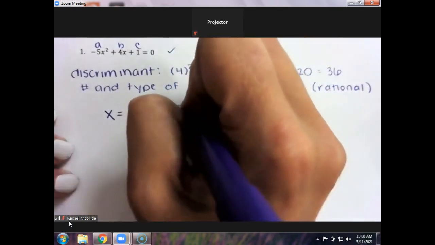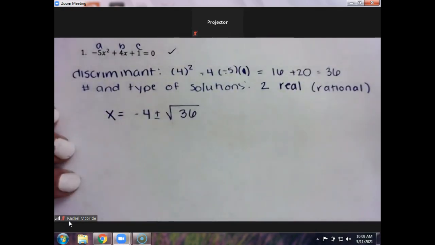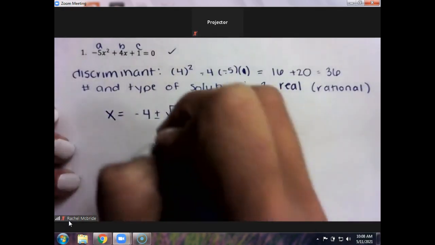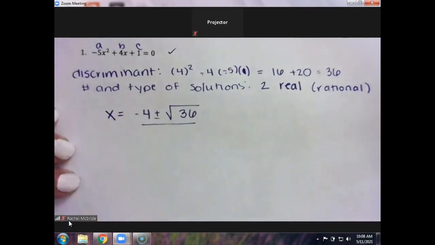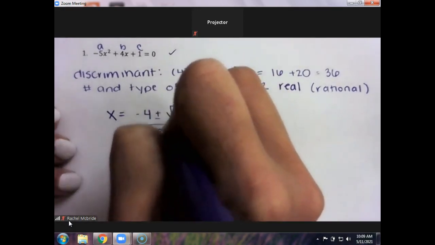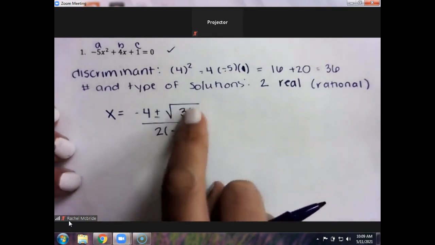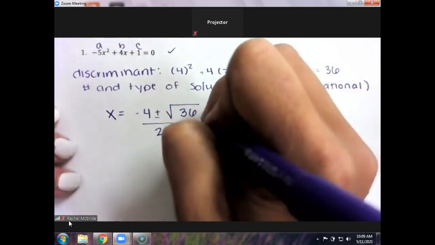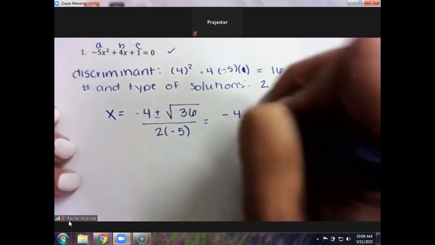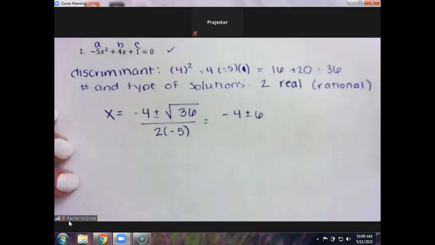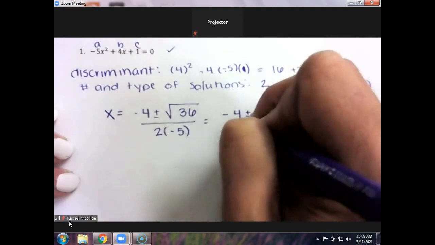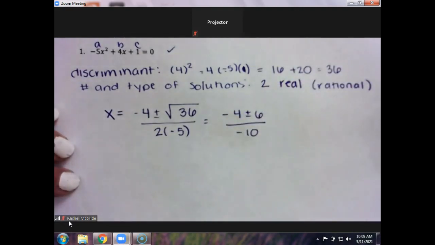Notice the discriminant does not include the square root. All over 2 times a. So the square root of 36 is 6. So that becomes negative 4 plus or minus 6 all over negative 10.